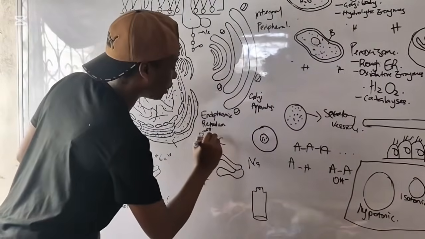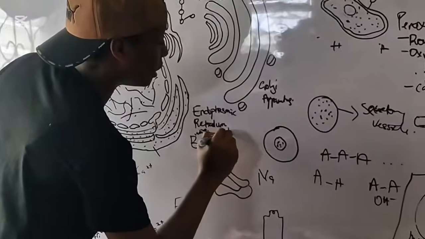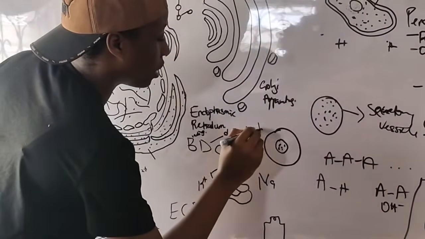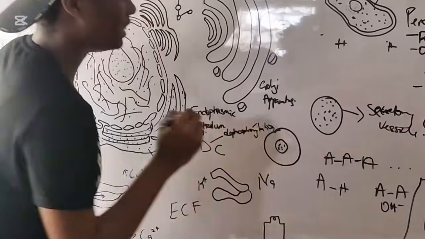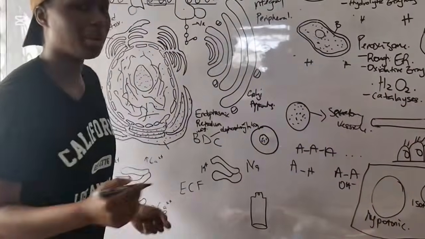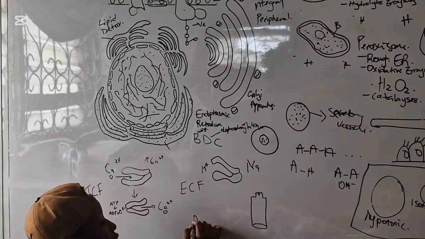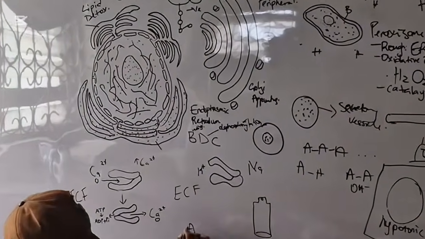So the D is for dephosphorylation reaction. And what happens in this dephosphorylation reaction? ATP is converted to ADP and Pi.